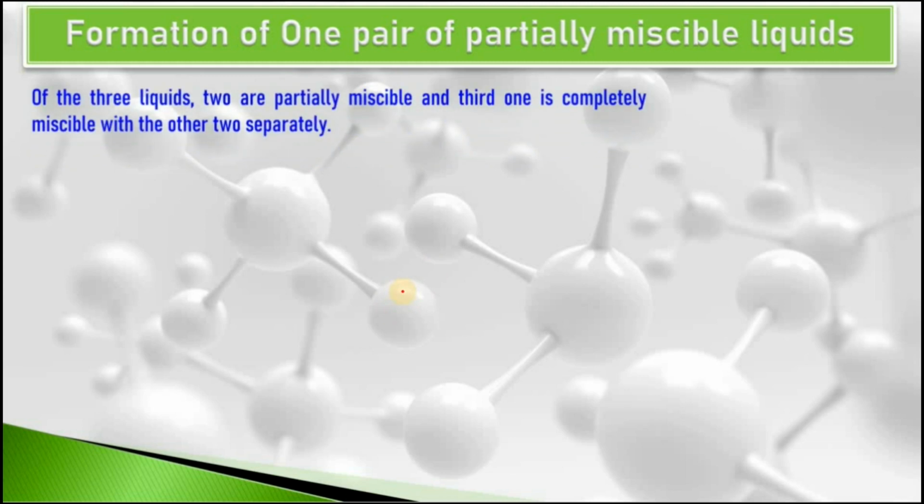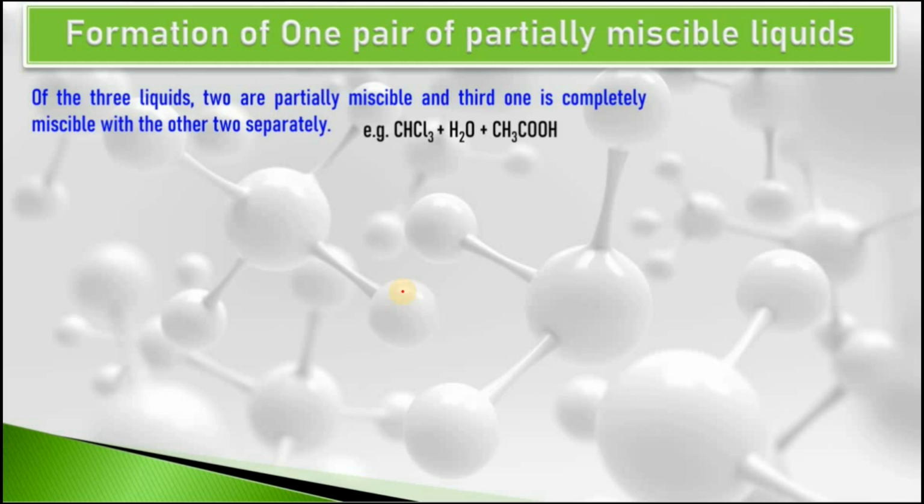An example of such a system is a mixture of chloroform, water, and acetic acid. Out of these three, chloroform and water form a pair of partially miscible liquids, whereas acetic acid is miscible with chloroform as well as water separately.